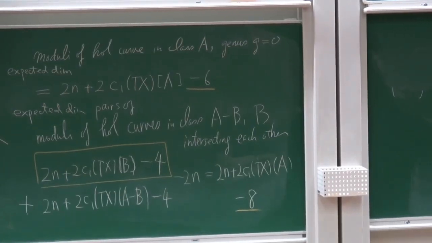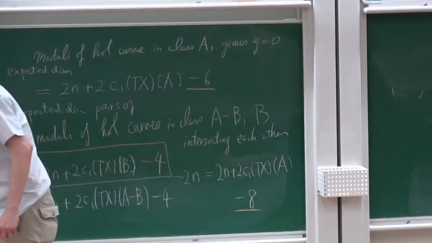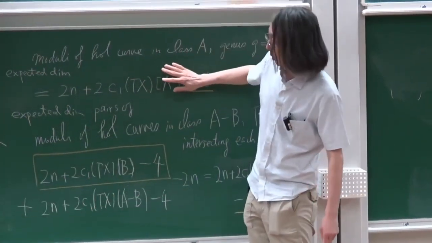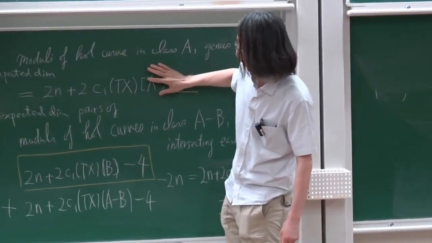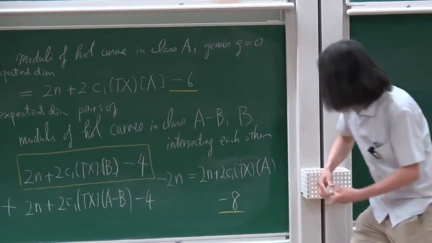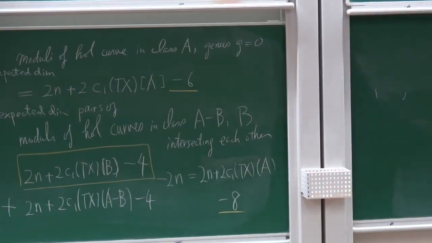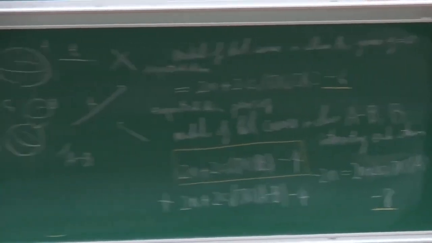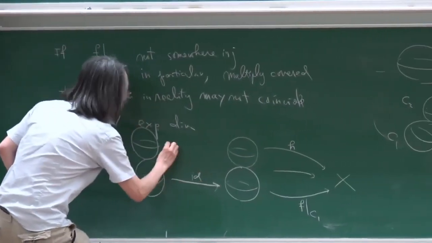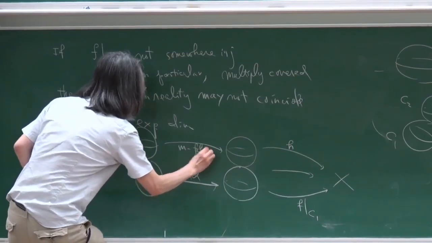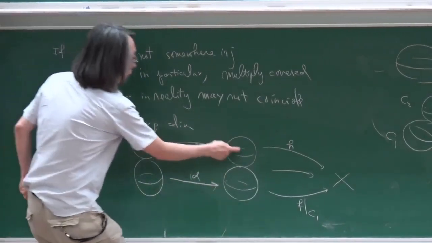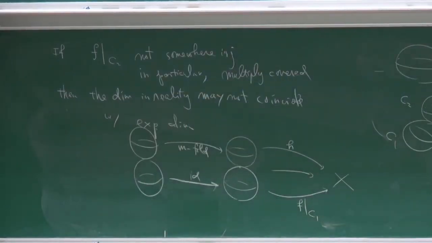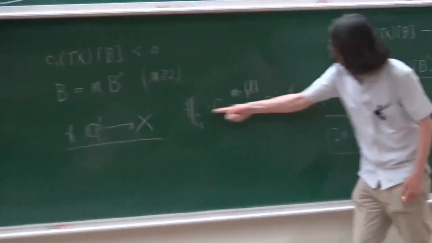So the expected dimension of this one may not be smaller than this, because this differs by 2, but because this is bigger than this, it may be so. Once you have such a thing, then we have a map like this, and if you compose this, then you have this one, like F.